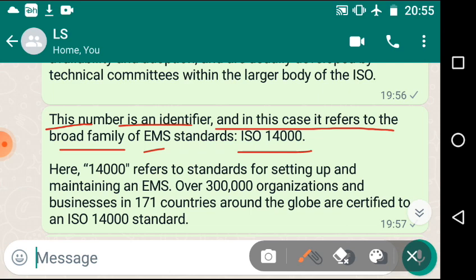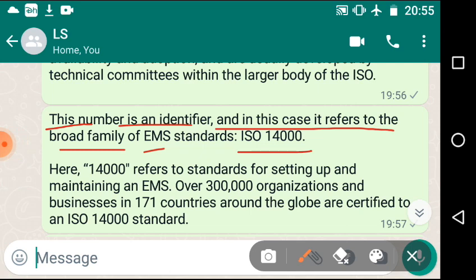This number is an identifier. So when we write ISO something, like ISO 100 or ISO 1500, it is an identifier; in this case it refers to the broad family of environmental management standards, ISO 14000.